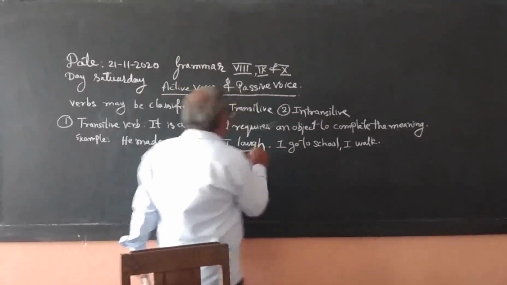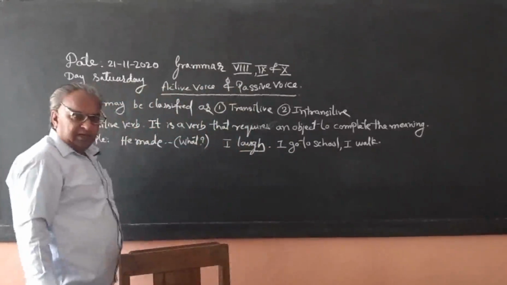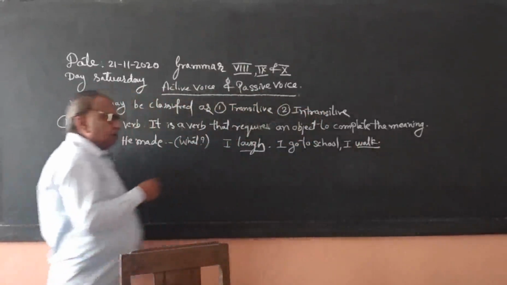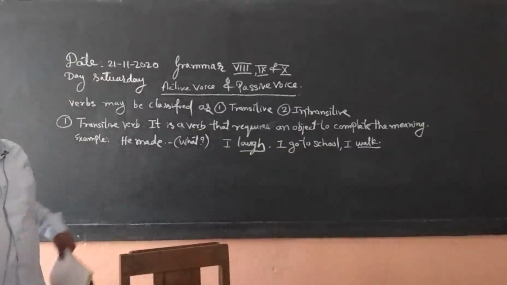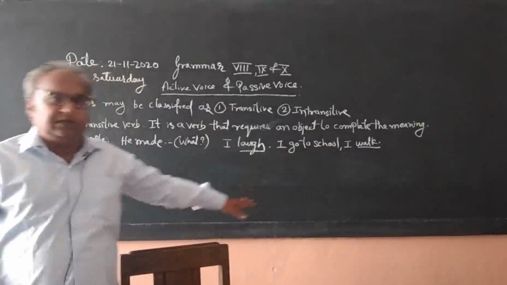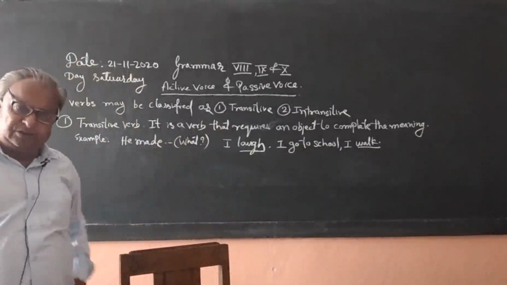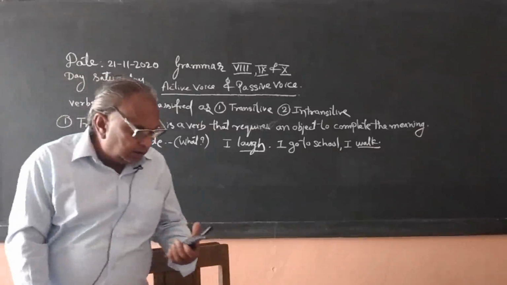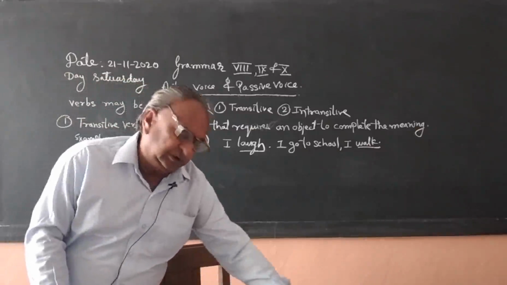So these are all here, whatever the verbs you see here, they are all intransitive verbs. So active voice and passive voice is not possible here because there is no object.